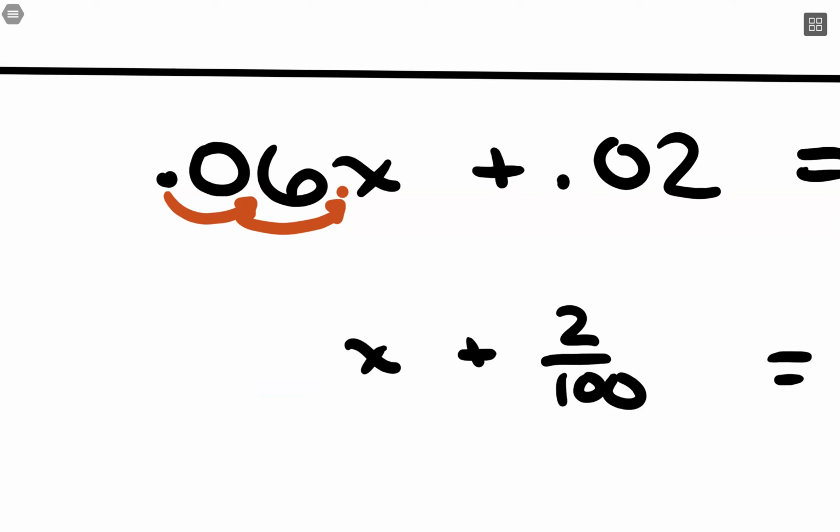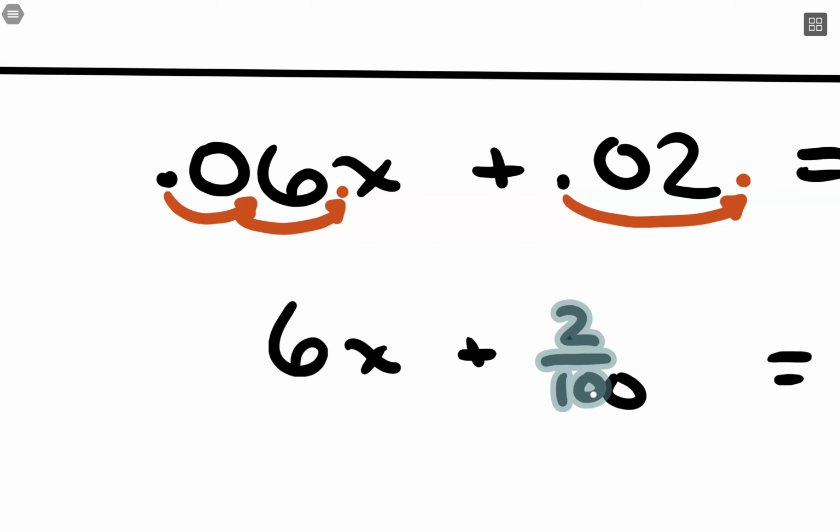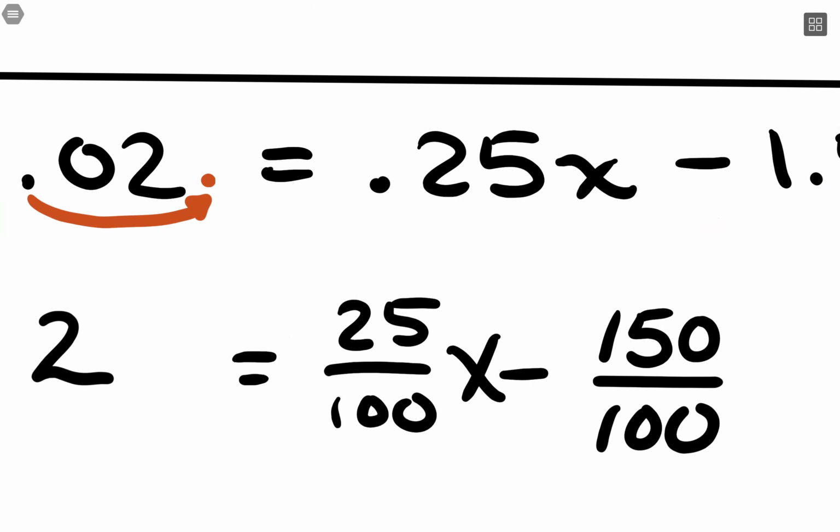In fact, I'm going to go ahead and write that down there. 6x. And then what I would have to do is move the same number of spots as I just did there. So here, move to the right 2 spots, and that'll give us 2. Over here, move to the right 2 spots, 25.